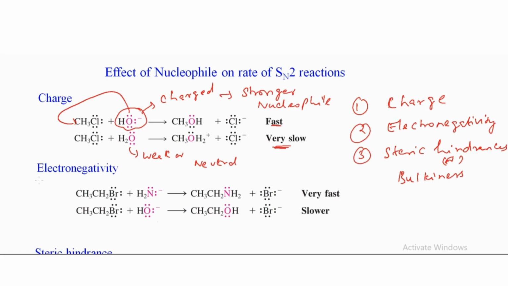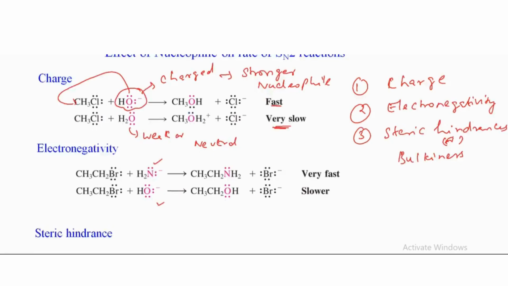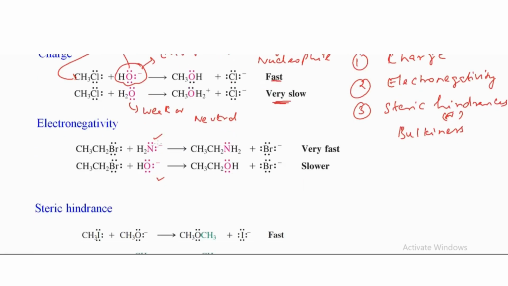The next category is electronegativity. Electronegativity means the ability to pull the electrons to its side. You see, this is the NH2 minus nucleophile and this is the OH minus nucleophile. Both are electron rich. Then why is the NH2 minus nucleophile going faster and the OH minus nucleophile going slower? The reason is, as we discussed, the nucleophile has the ability to share electrons.